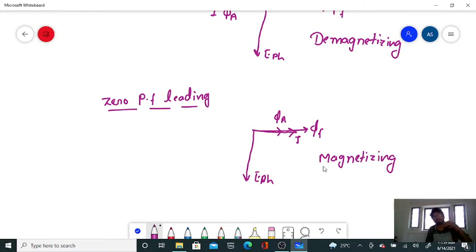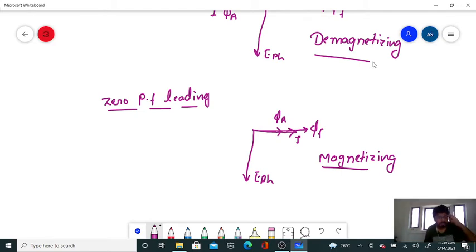Okay, so keep these things in mind, how our armature reaction effect is varying with the load power factor. Now if there is an armature reaction, we can present this armature reaction effect in the circuit.